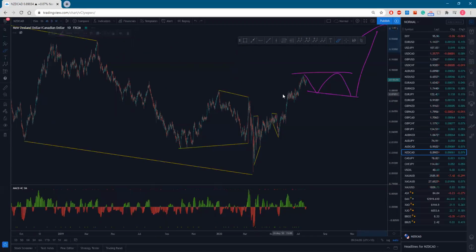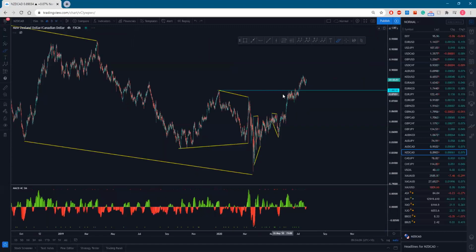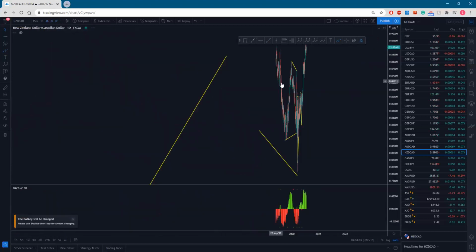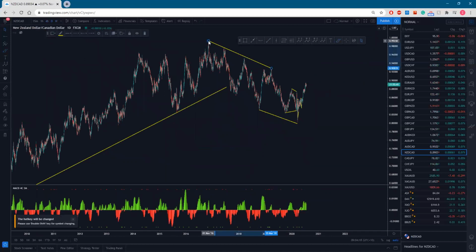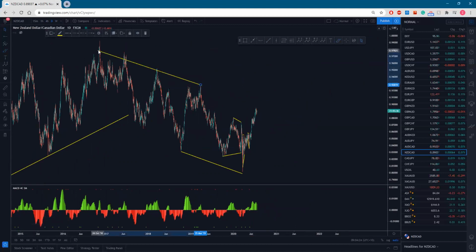Let's actually take a look. So what are the options here? The first option is that the higher time frame pattern is complete, like so, or we've got one more down, like so.